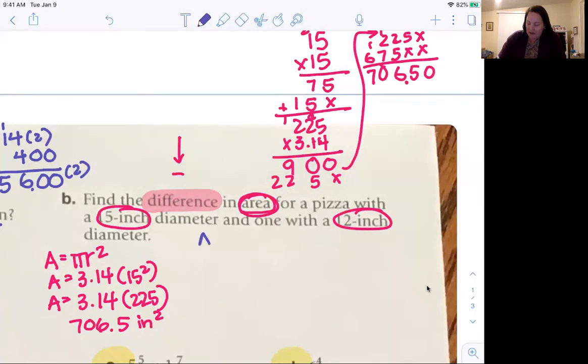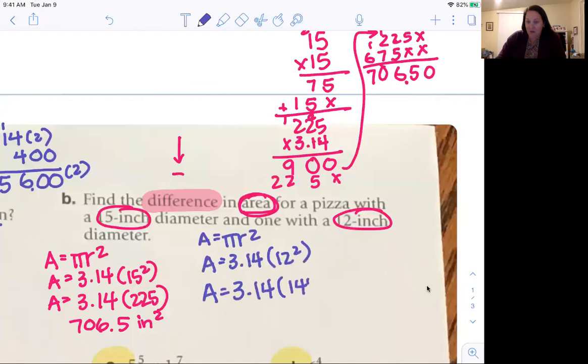So I have area equals pi r squared. Area equals 3.14 times 12 squared. Area equals 3.14 times 144, because 12 times 12 is 144. Second time it's come up tonight. Area equals, oh, I don't know, let's figure this out. 3.14 times 144. 4 times 4 is 16, carry the 1, 5, 12, and I'm going quickly, and you guys can go quickly and just see if you got the same answer as I do.